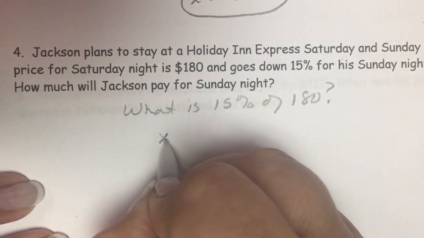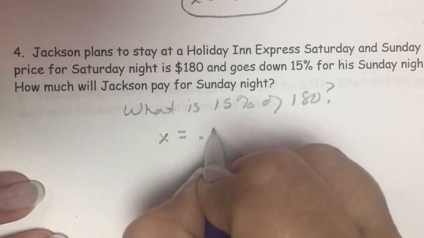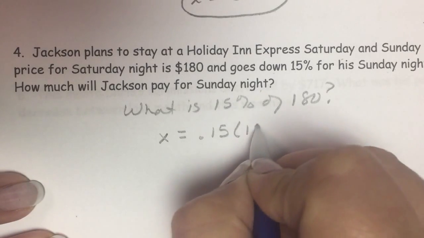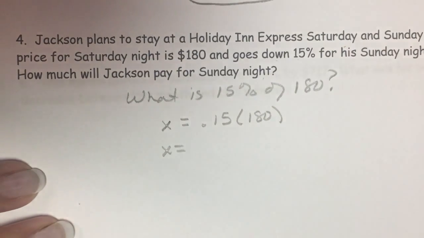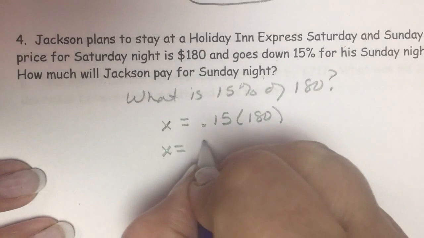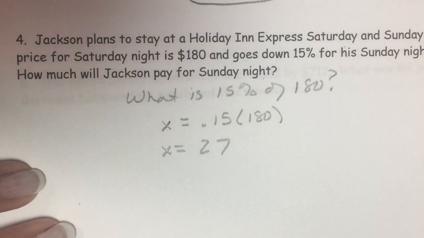So this would be X equals 0.15 times 180. If I use my calculator and do 0.15 times 180, you get 27. So what we just found is the discount for the second night. He gets 15% off for that second night.